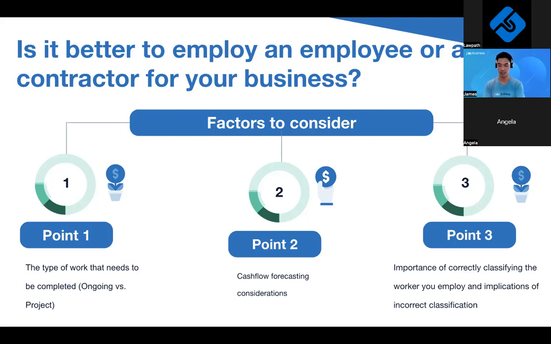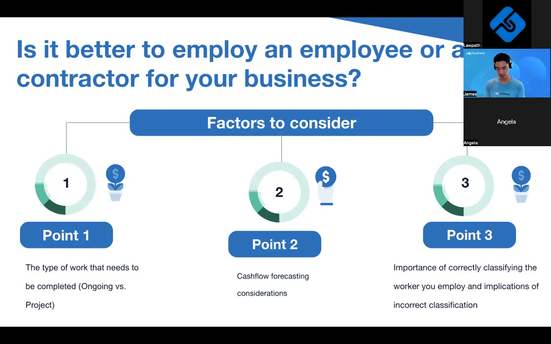The second factor to consider is cash flow forecasting. With an employee, you are withholding tax on their pay, and you have to pay their super. This makes it difficult to forecast your cash commitment going forward, because yes, you have to pay the employee, but you've got this withheld tax that you need to remit to the ATO at a later date, and you have this super that you owe them that needs to be paid at a later date.